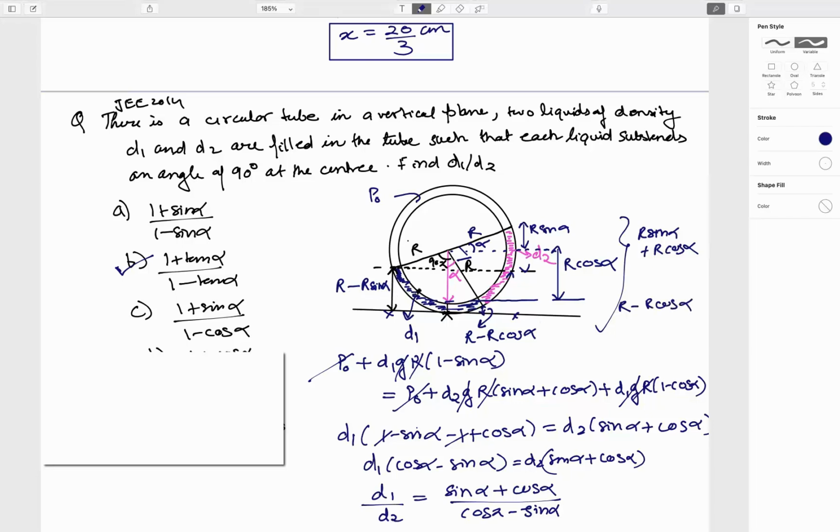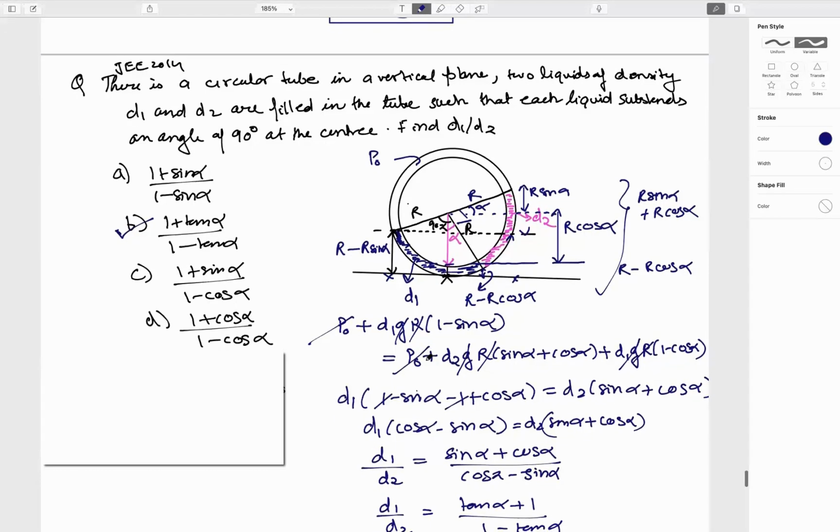Here it is R minus R sin alpha. Okay, so we balanced each other. We calculate the pressure at this point and this point, and we know that both are equal, and from there we get the solution.